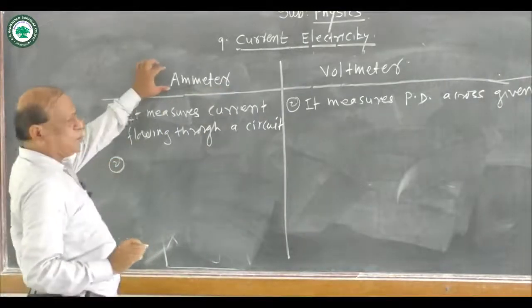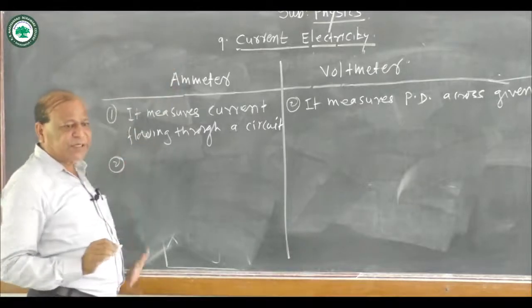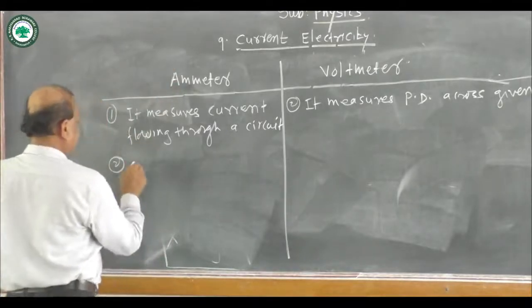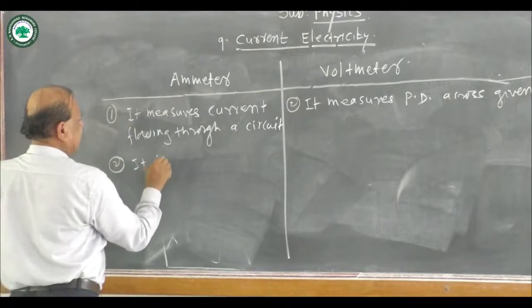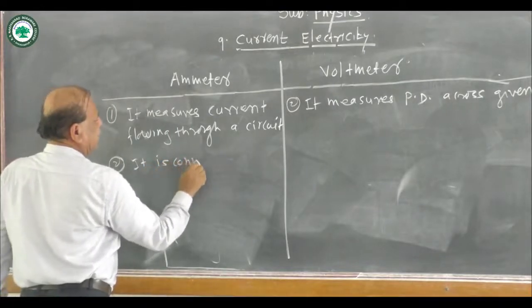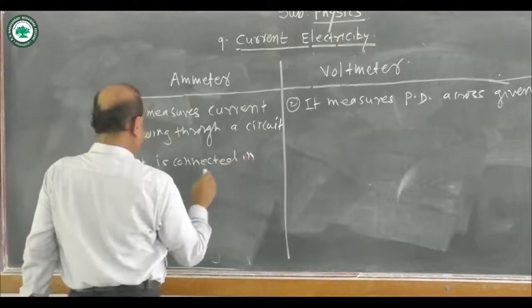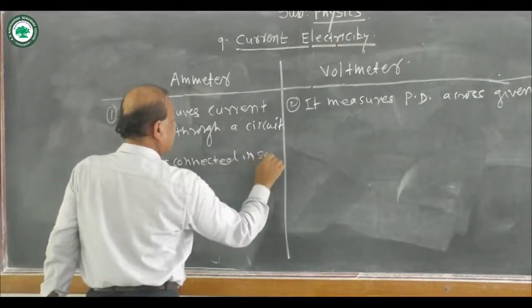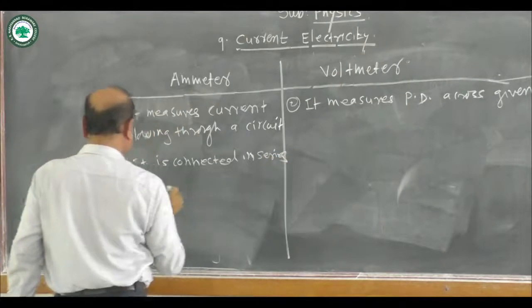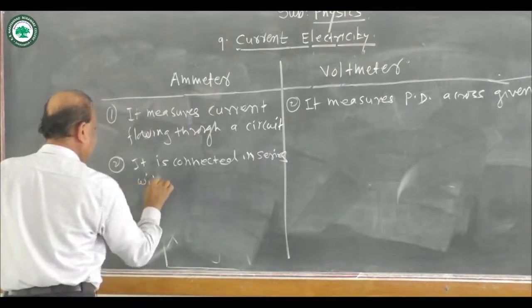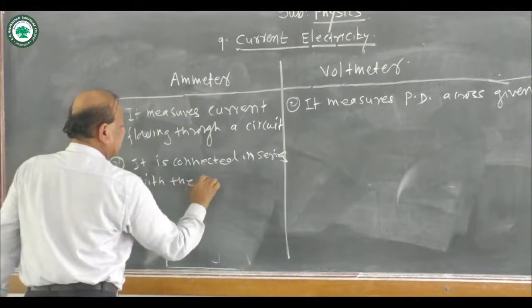For the measurement of current, the ammeter is connected in series with the circuit.